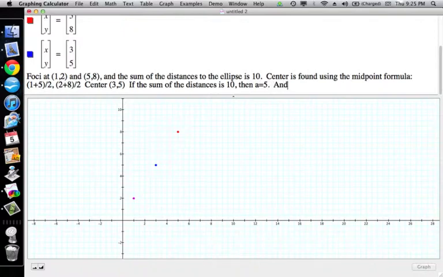And the distance between the foci is, what did I say it was again? It was the square root of 52, which is 52 to the 0.5.